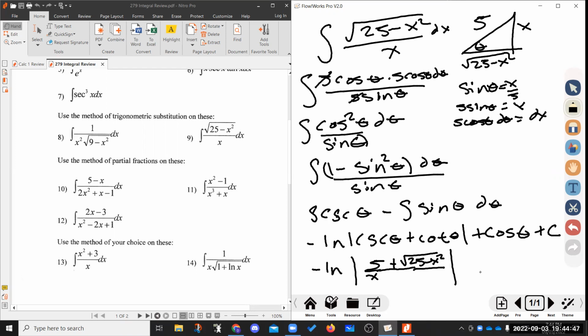Cosine is going to be root 25 minus x squared over 5 plus c. You may come up with other forms of the answer, but that is definitely trig substitution. That will work.